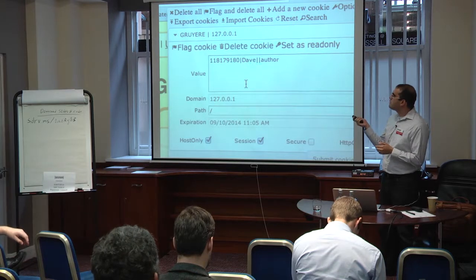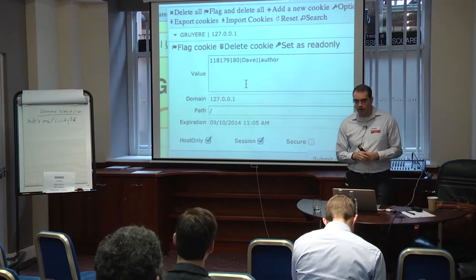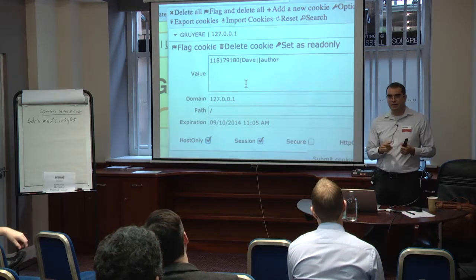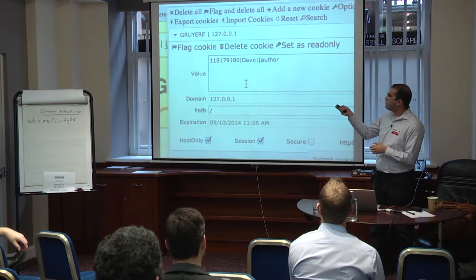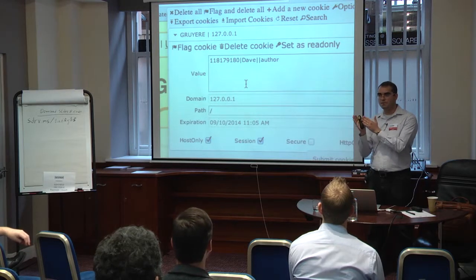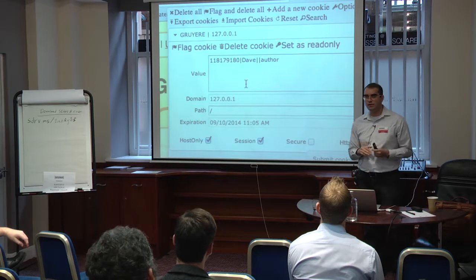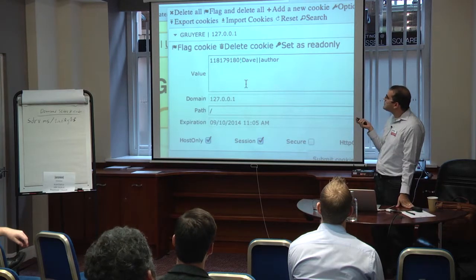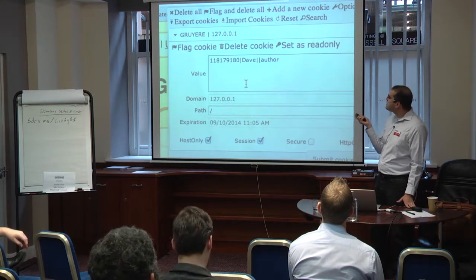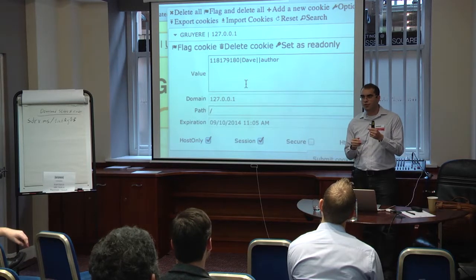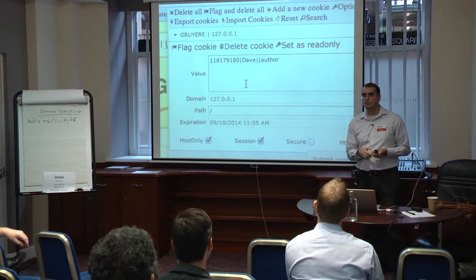However, let's try to understand this part here. Dave, pipe, author, and so on. It happens to be the case that the server is taking this string and parsing it using the pipes. And the pipes are really separators for 3 different parts of the user information. The first is the username. The last is whether the user is allowed to create new snippets in this application.